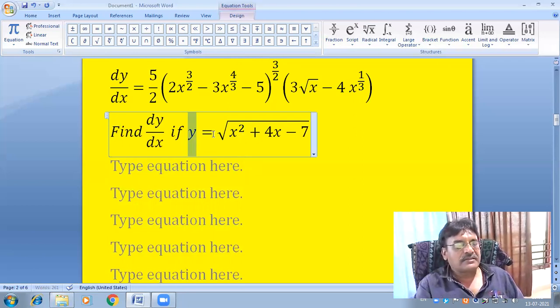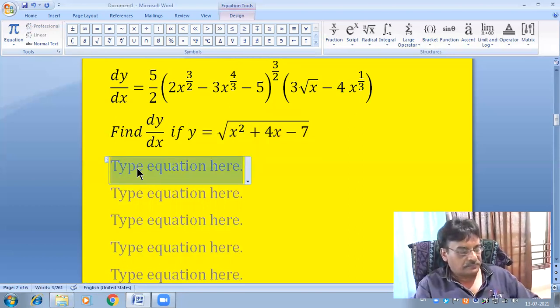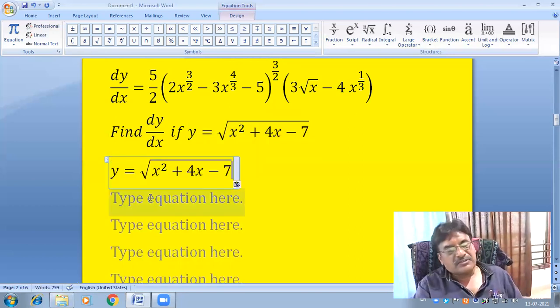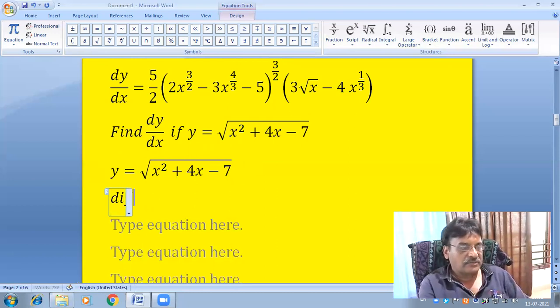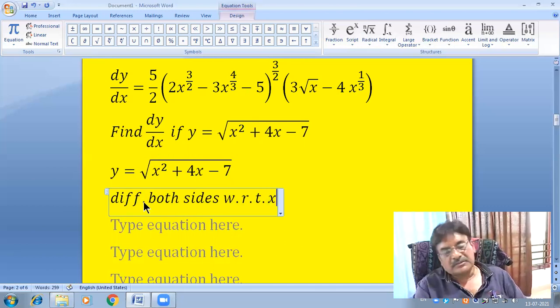So first we write the given function. Given function is y is equal to under root x square plus 4x minus 7. Differentiate both sides with respect to x.